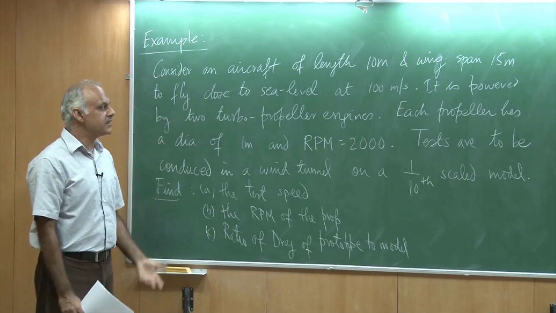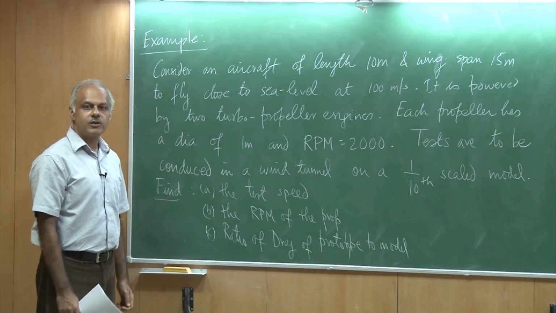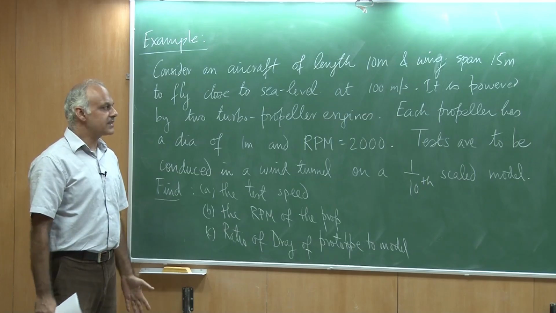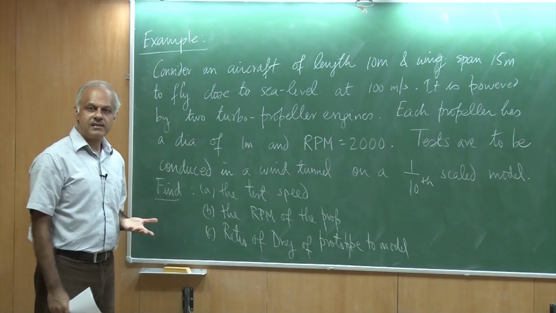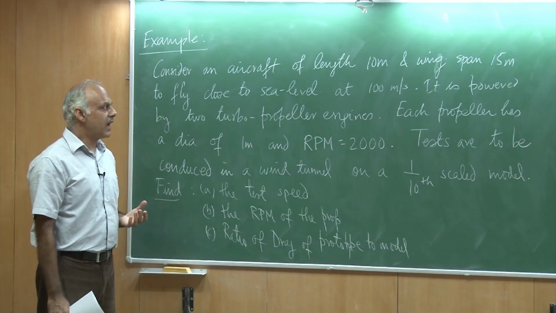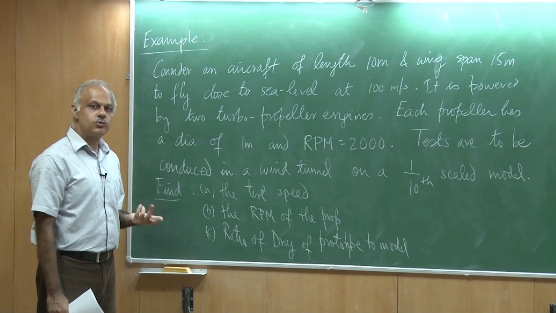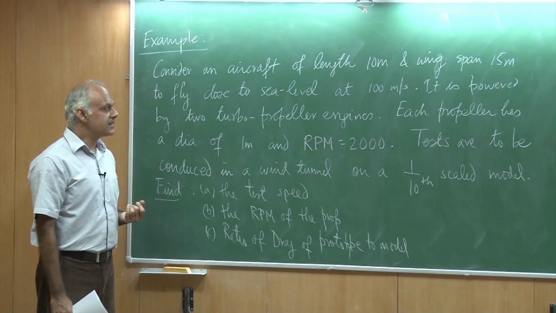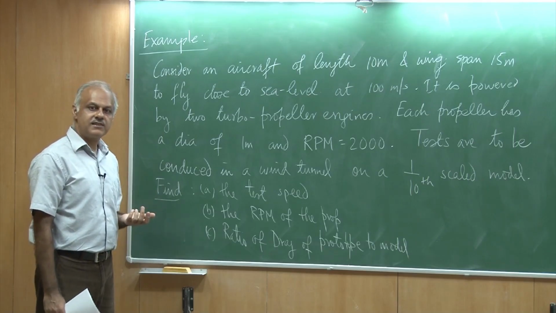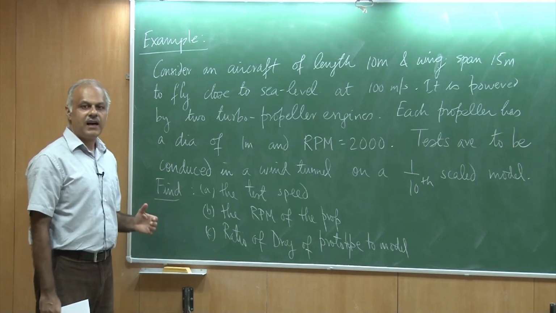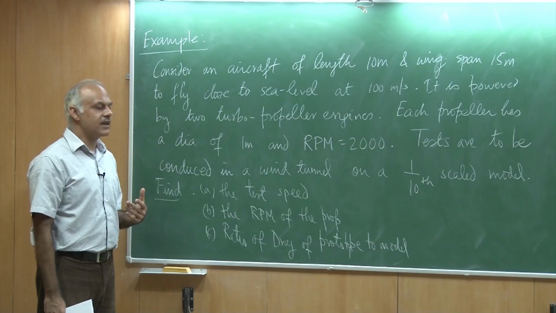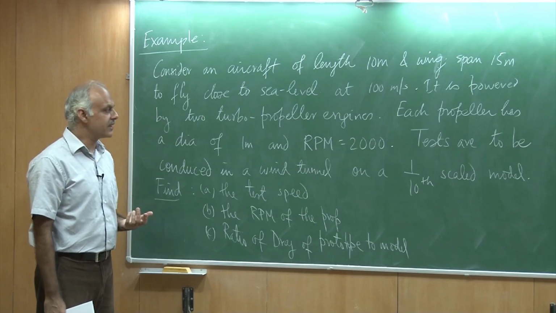So, it depends on the size of the wind tunnel. The bigger the wind tunnel, the larger your model can be, and a larger model has 2 advantages. One is that, as you know, the Reynolds number is directly proportional to the length scale. So, if I have a larger model, I can effectively model a larger Reynolds number.